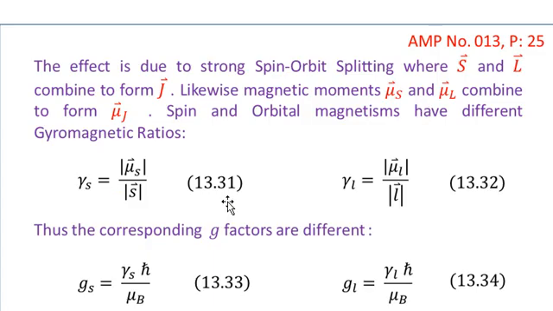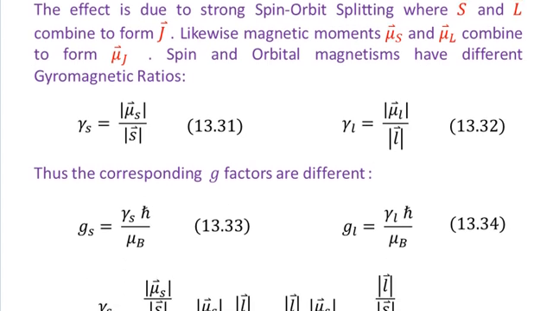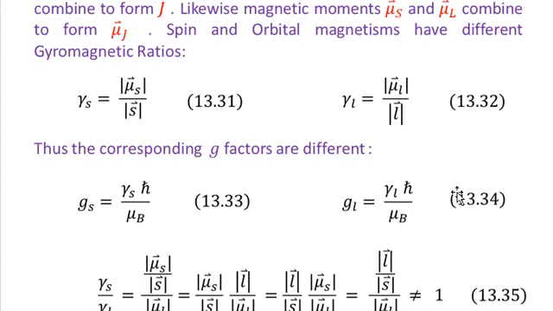Okay, you see that in equations number 31 and 32, I have defined gamma S, which is the spin gyromagnetic ratio, and gamma L, which is the orbital gyromagnetic ratio. These quantities I have talked about many times in the previous lectures. Thus, corresponding G factors are different. And you know that the G factors are related with the gyromagnetic ratios through these relationships given in equations number 33 and 34.